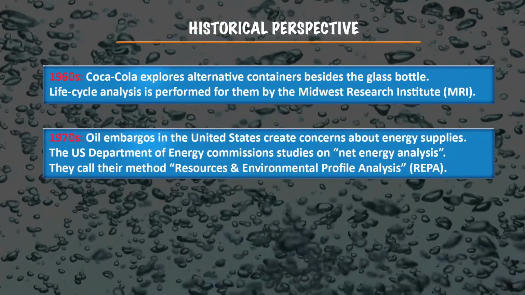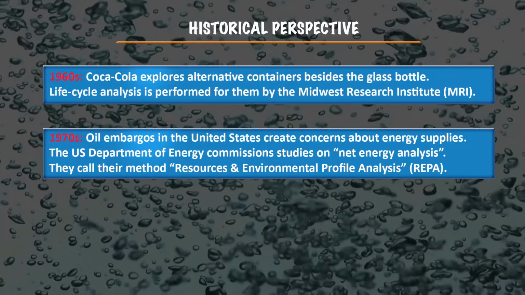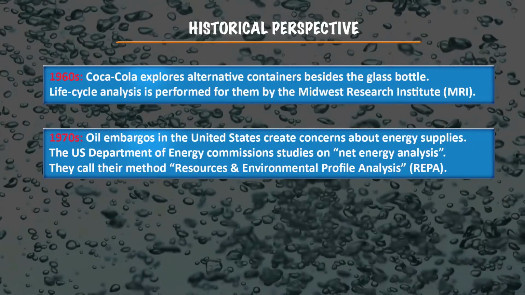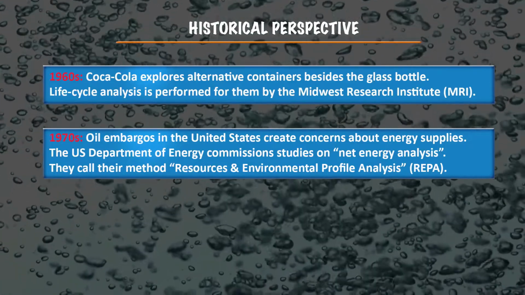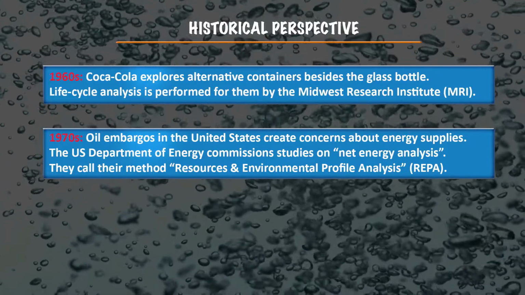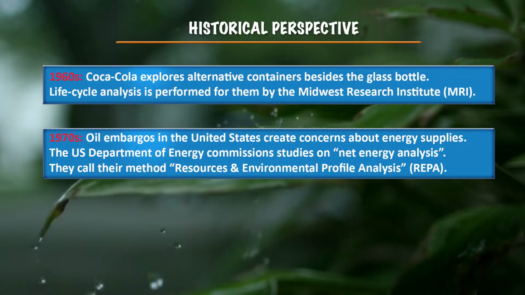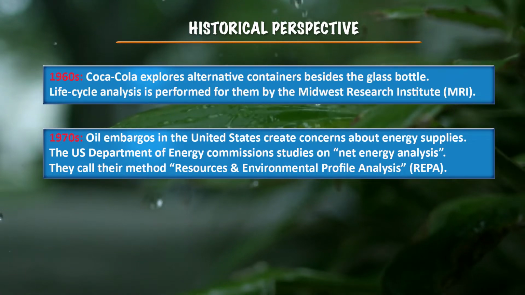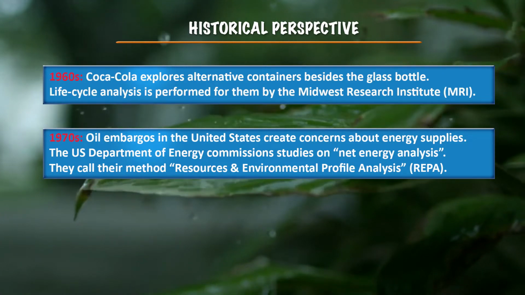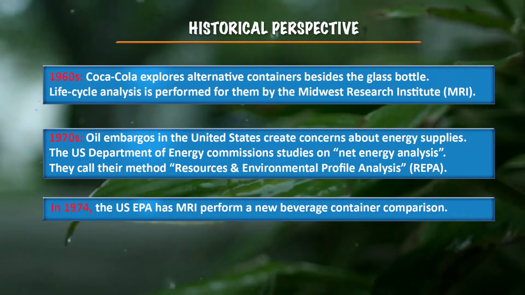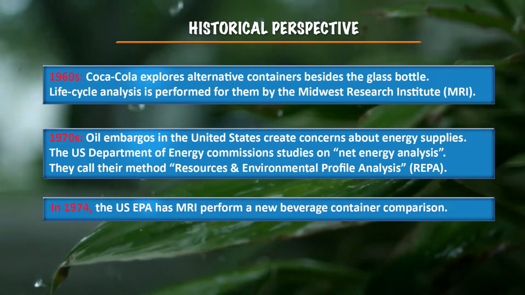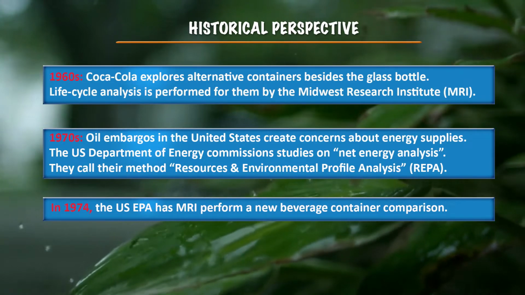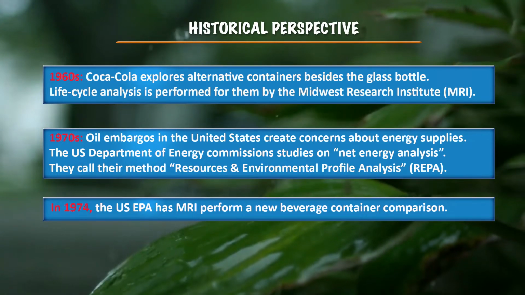In 1970, oil embargoes in the United States created a concern about energy supplies, so the US Department of Energy Commission studied net energy analysis. They also called their method resources and environmental profile analysis, REPA. In 1974, the United States EPA had MRI perform a new beverage container comparison.